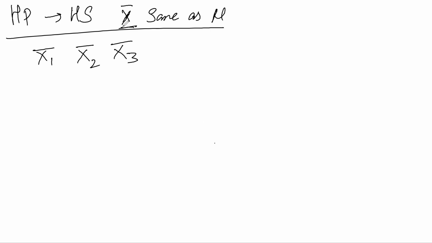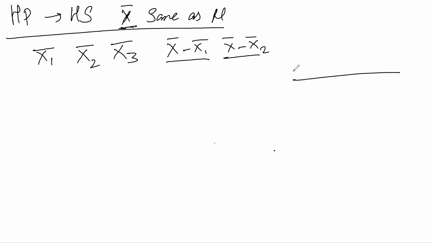Like if this is an expected average, you'll calculate errors with X bar. So X bar minus X1, X bar minus X2 and all, right? And so this will be like a distribution of these errors, right?